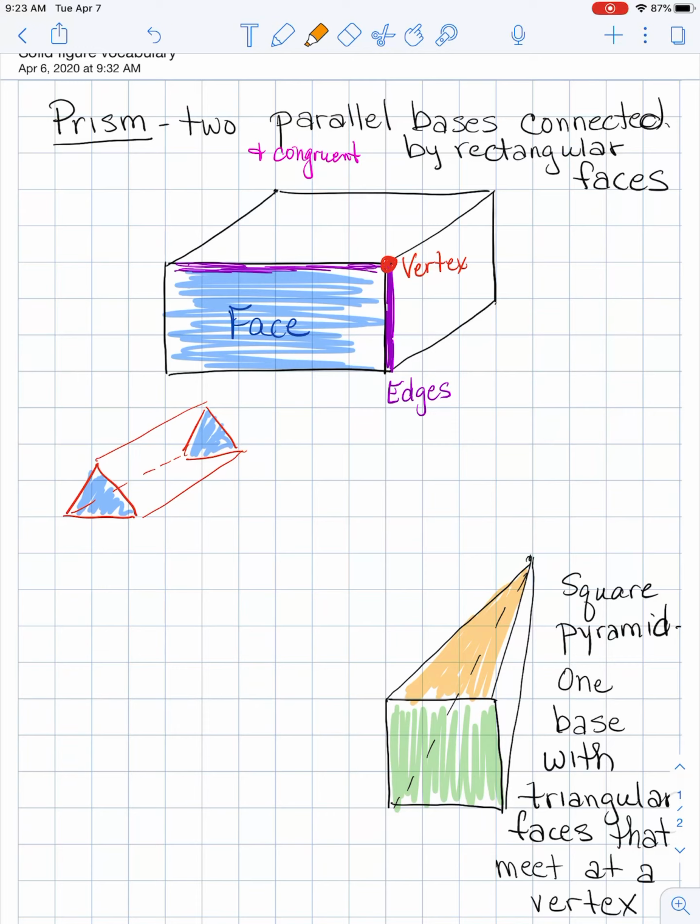A triangular base, a rectangular base, a square base, all of them are going to have triangular faces because the faces don't meet up with another base on the other side. The faces actually meet at a point or a vertex. And so in order to do that, they must all be triangles.